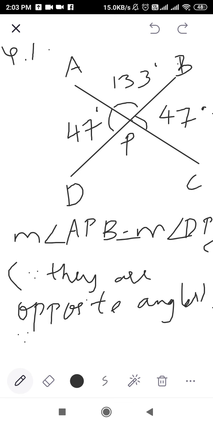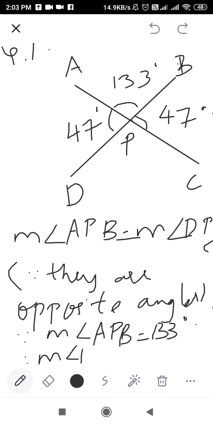Now since measurement of angle APB is equals to 133 degrees, therefore measurement of angle DPC is equals to 133 degree. Okay, understood? Now here we have completed first question.